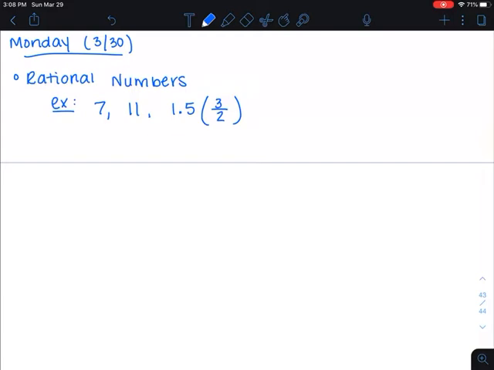Alrighty, so coefficients. A numerical coefficient is the number before the variables.